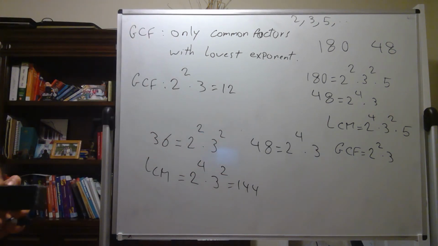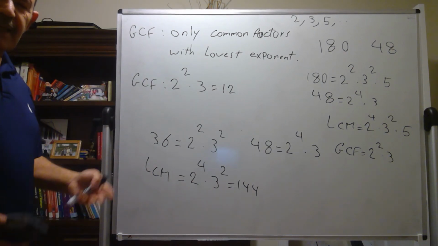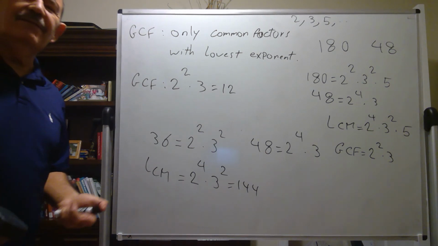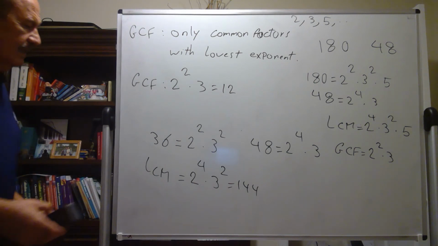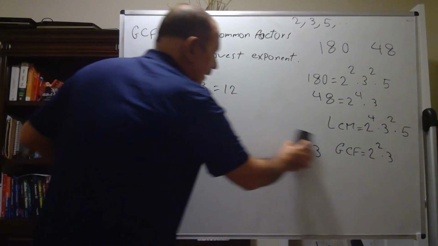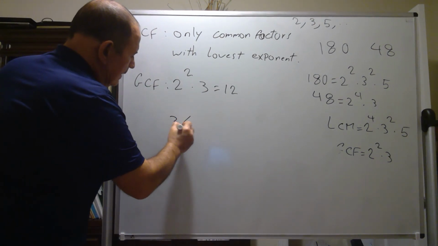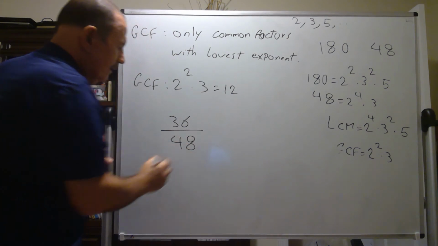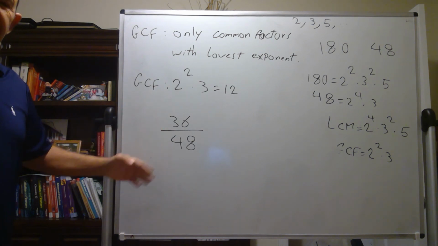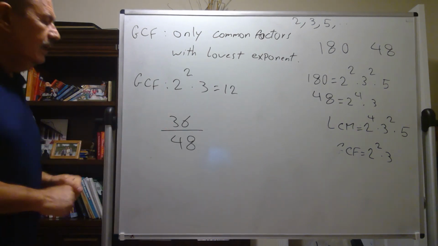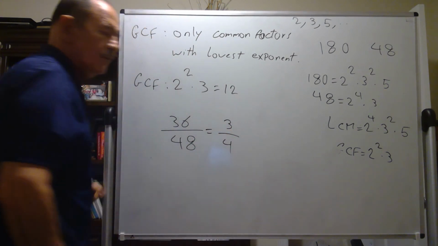I told you, for LCM we use it for addition or subtraction of fractions with different denominators. For GCF we use it for reducing fractions. As an example, if I have 36 over 48, I can reduce both of them by 12, because 12 is the GCF of these two numbers. 36 divided by 12 is 3, and 48 divided by 12 is 4, right?